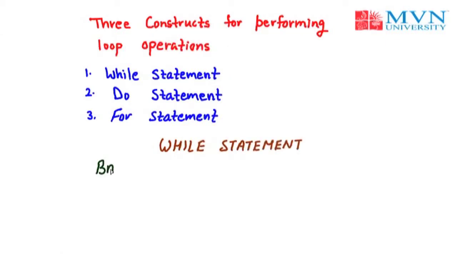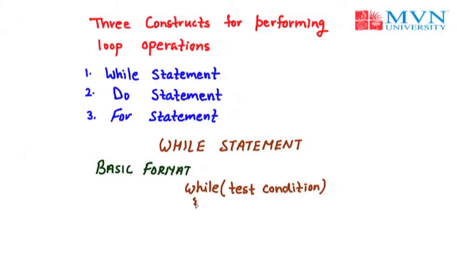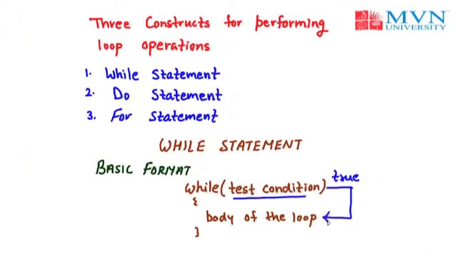The basic format of the while statement is the while keyword, then the test condition, opening braces, body of the loop, and then the closing braces. The test condition is evaluated first, and if the condition is true, then the body of the loop is executed.